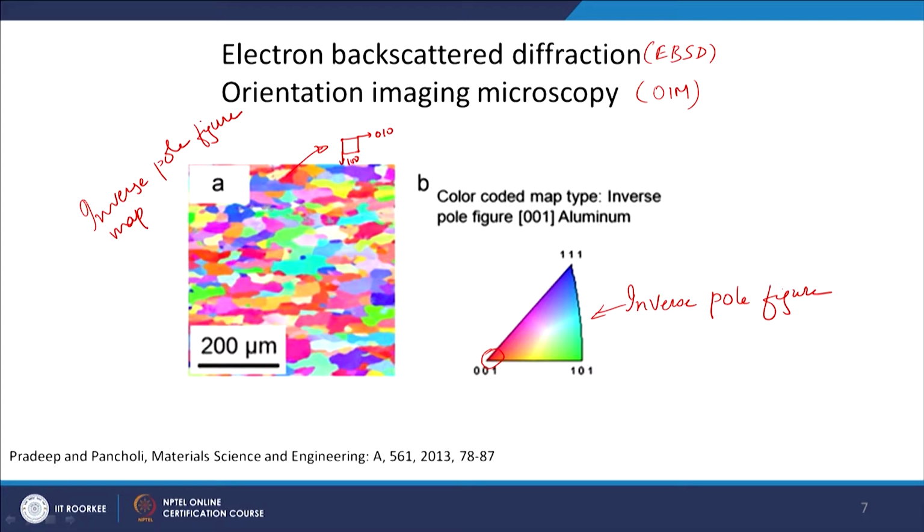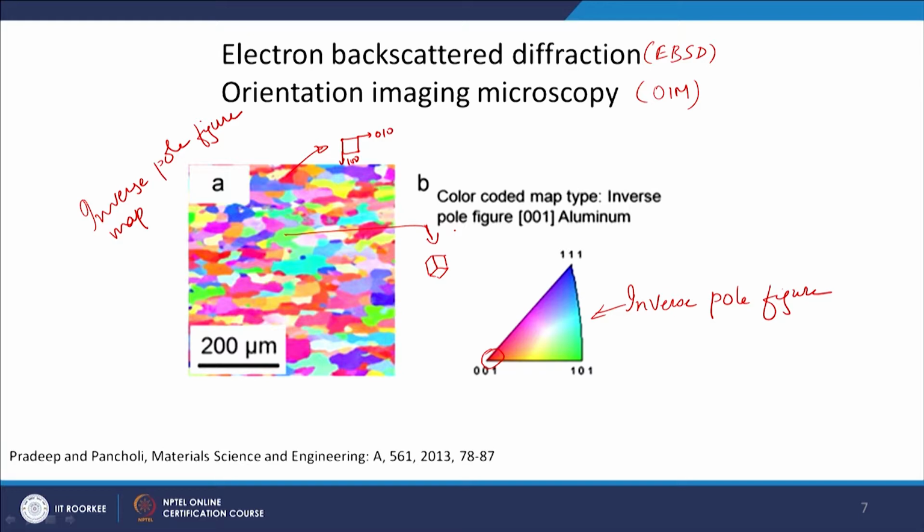If a grain is colored green, let us say this one here, then it is a 110 or 011 oriented grain. That means the 011 axis is coming out of the surface. If I want to draw that, maybe I am drawing it correctly here, something like this, or maybe you won't see the edges here.